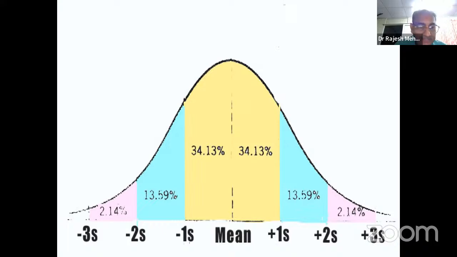That means Z is more than 2. It is more than 2 standard deviations away from the mean, so it is least likely that it belongs to the curve. That means the by chance variation is up to 95%. Beyond that, we say it is significant.